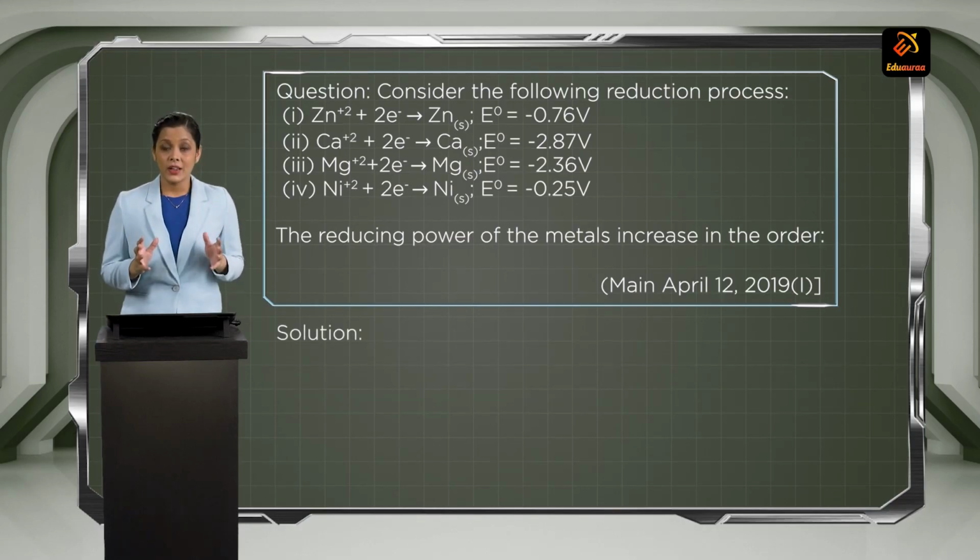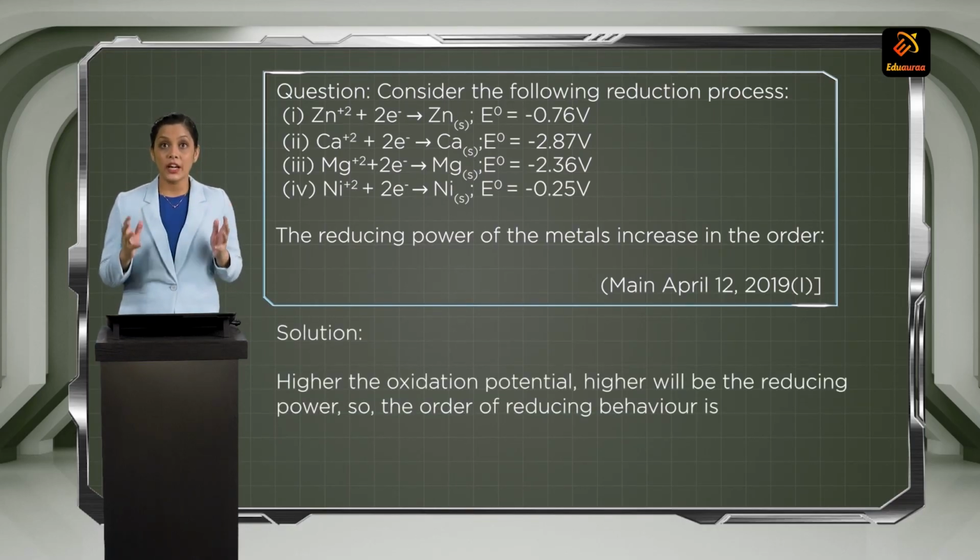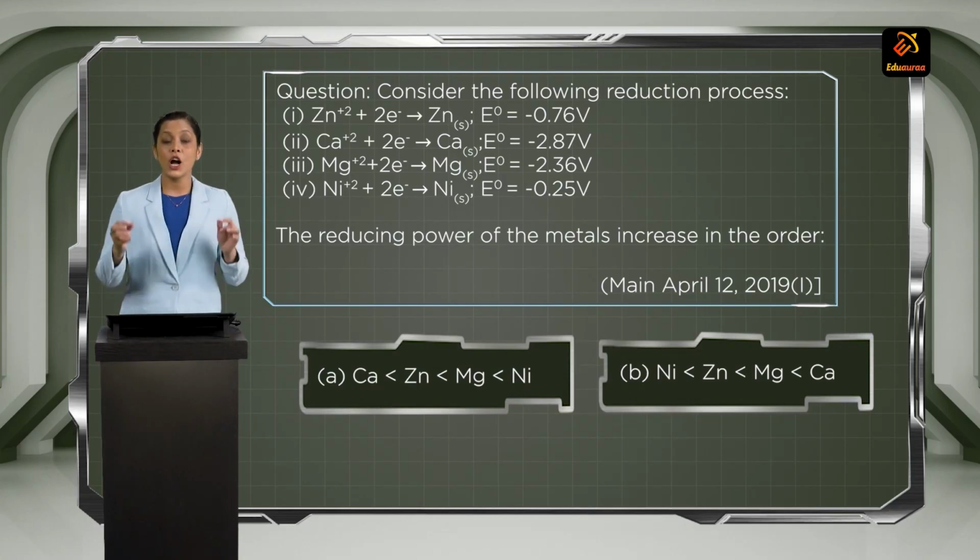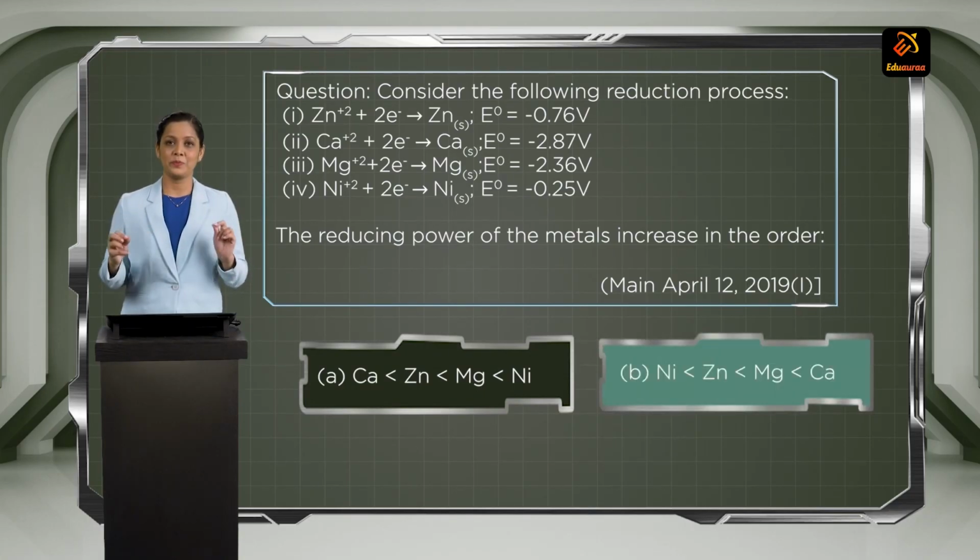Students, keep in mind, higher the oxidation potential, higher will be the reducing power. As in, more the value of the oxidation potential, more will be the reducing power. So here the correct order will be calcium greater than magnesium, greater than zinc and greater than nickel. So here the correct option is option B.